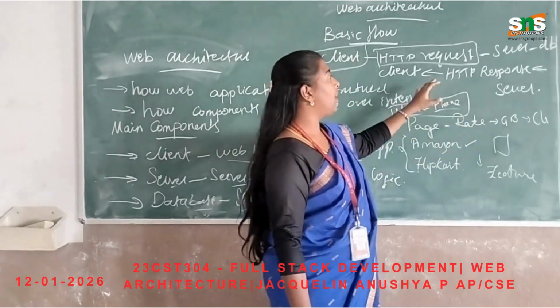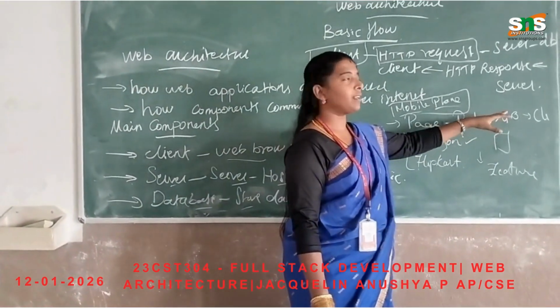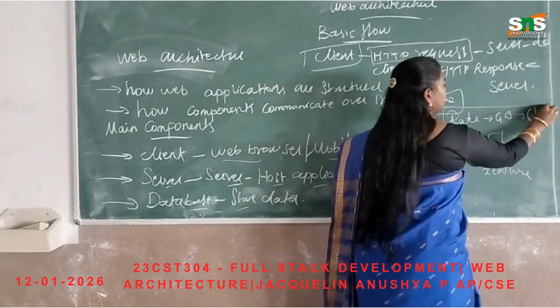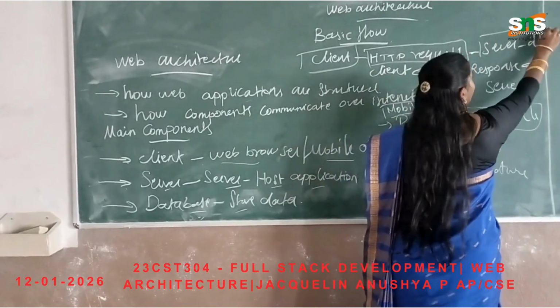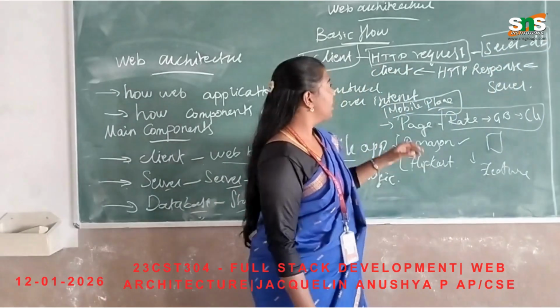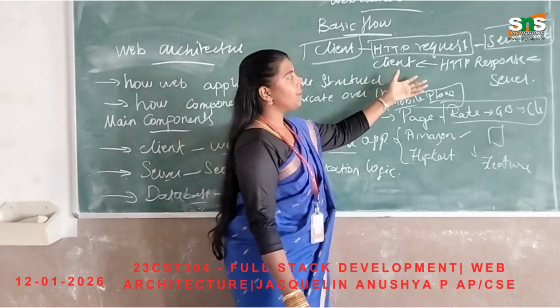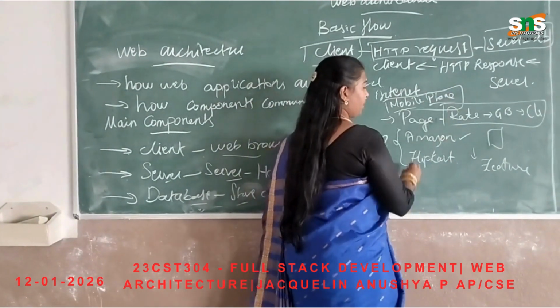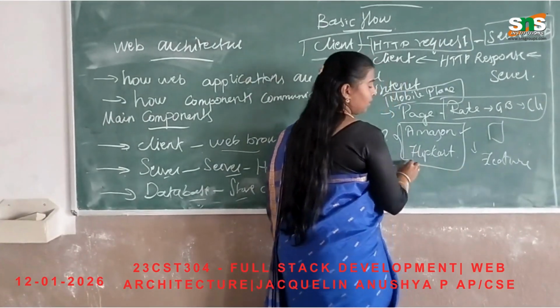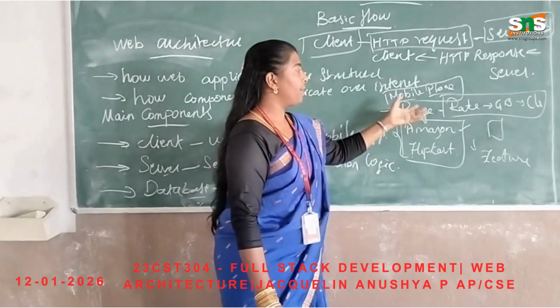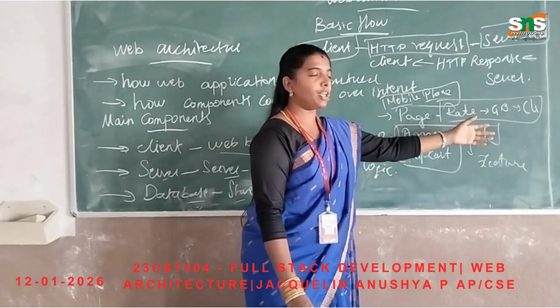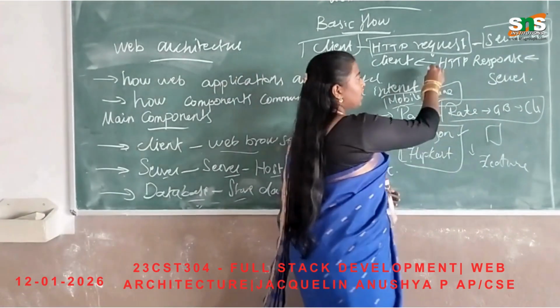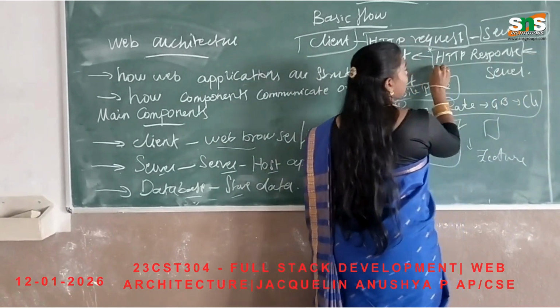It requests according to your specifications and rate. This comes under your server and database. So next, what happens? The response. The response over here goes to Amazon and Flipkart. I am asking for the mobile phone and the specification, and you are giving me this. So the next basic flow is the HTTP response.